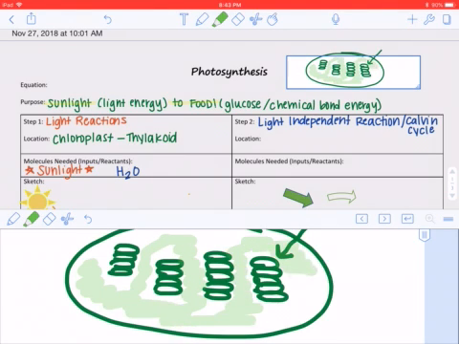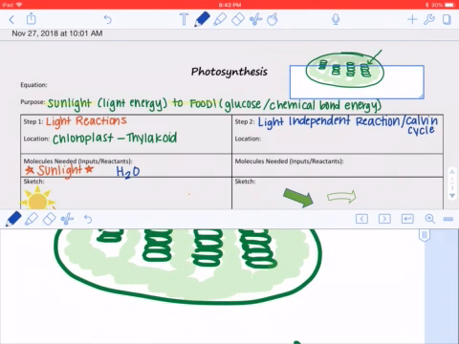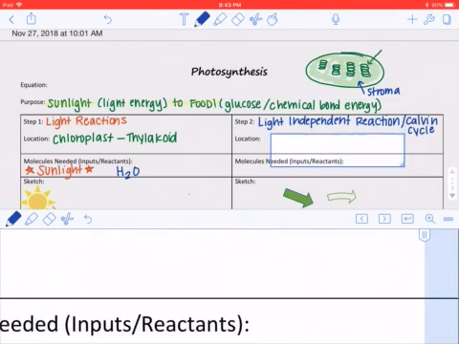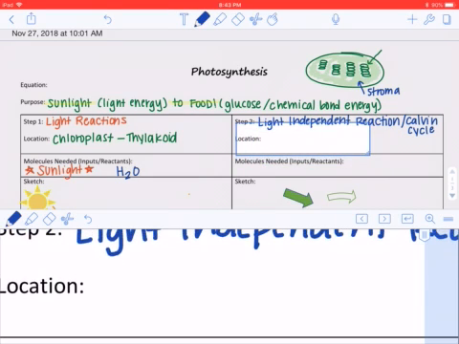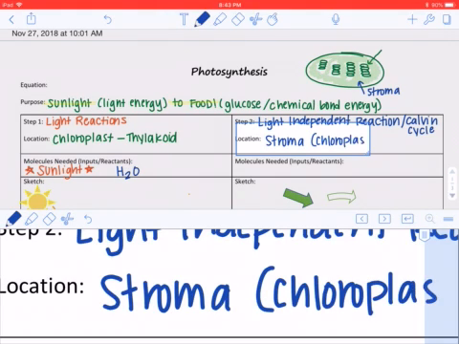It's all of this area outside of the thylakoid, which is convenient because some of the parts that we're going to need here are coming from the light reactions which took place in the thylakoid. So our location is the stroma. Again, we're inside of a chloroplast doing this.